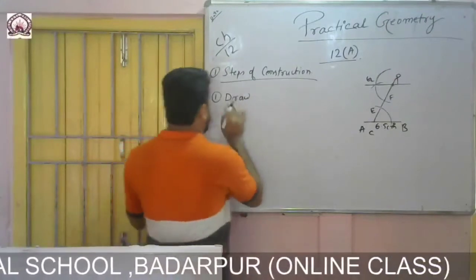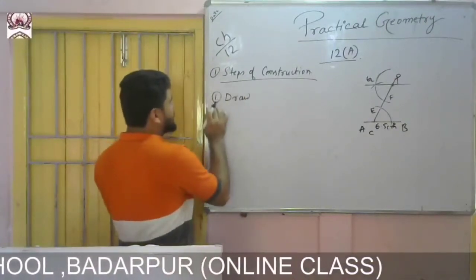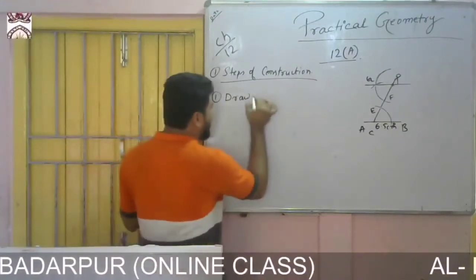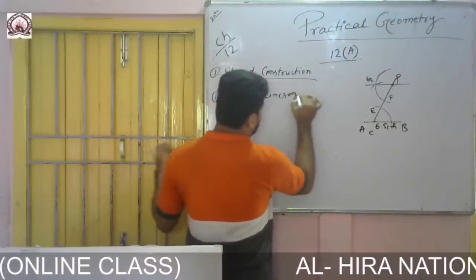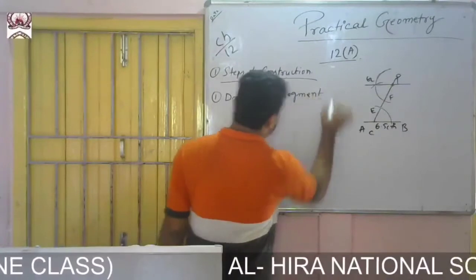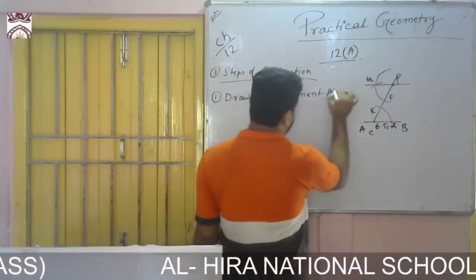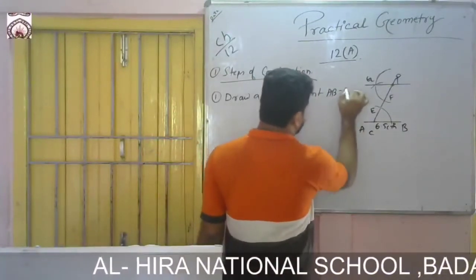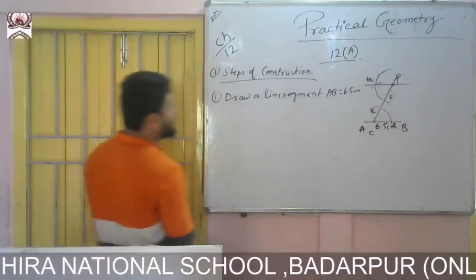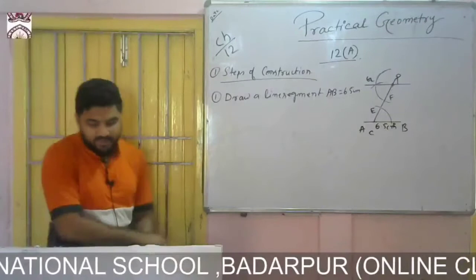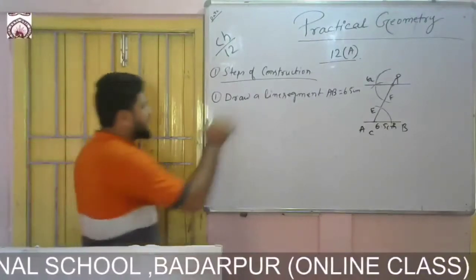So it is the first step. Draw a line segment AB equals 6.5 centimeter.